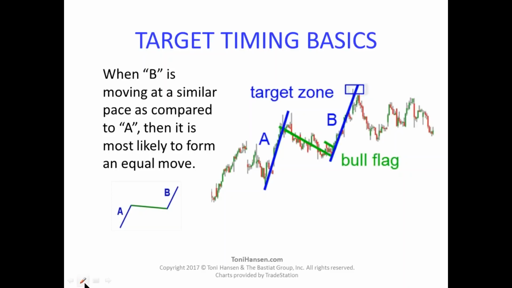So the very basic concept when you're looking at continuation strategies is that when you have momentum, meaning the rate of change in price action, if your momentum on that continuation strategy starts out comparable to the previous impulse move going into the correction, then there's a really high probability that you're going to be looking at a target level of an equal or measured move.